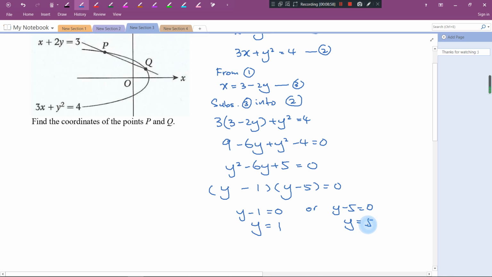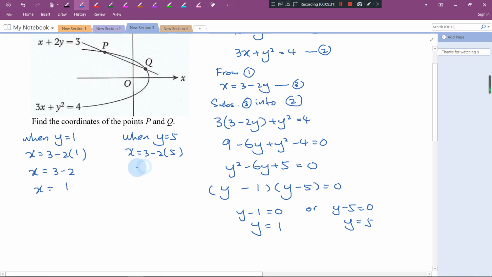Now I have the value of y. Now I can get the value of x easily. When y is equal to 1, x = 3 - 2y. When y is equal to 5, x = 3 - 2y, which is negative 7.